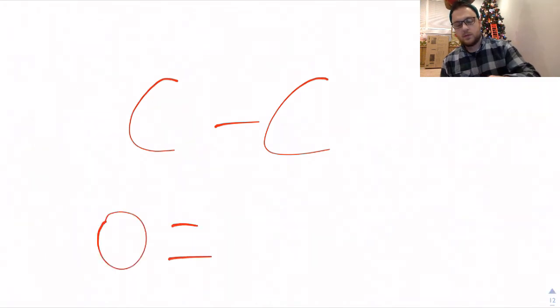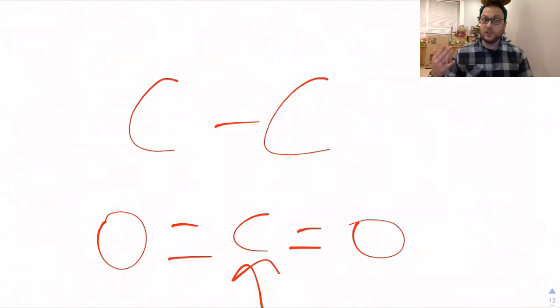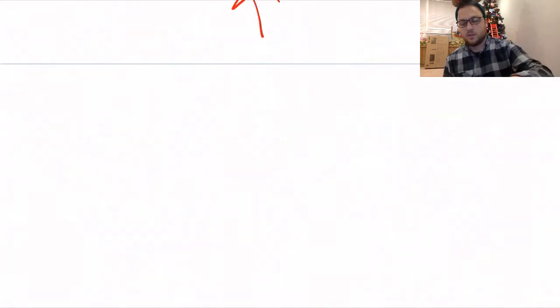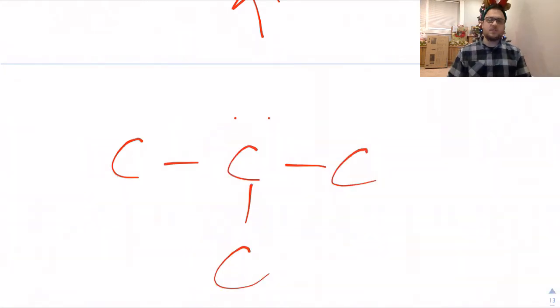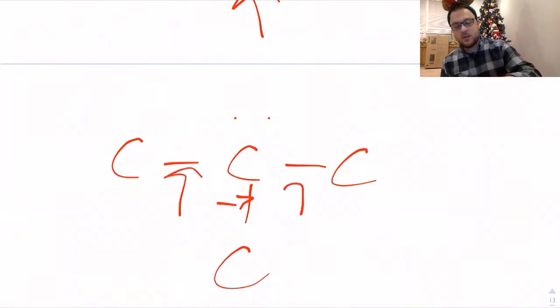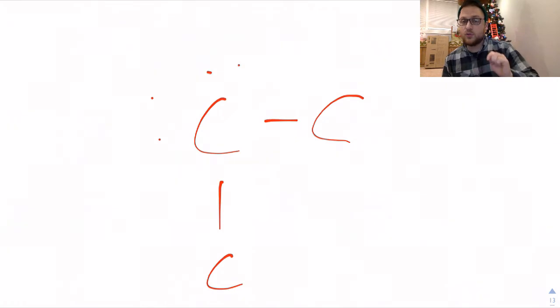Three bonds, and I'm putting carbon even though these molecules don't exist because it's easy to write C's. Three bonds, one lone pair, trigonal pyramid. Two bonds, two lone pairs, bent. Three bonds, no lone pairs, trigonal planar.